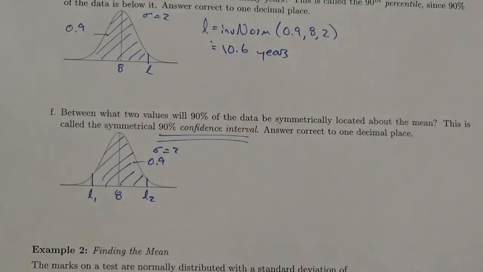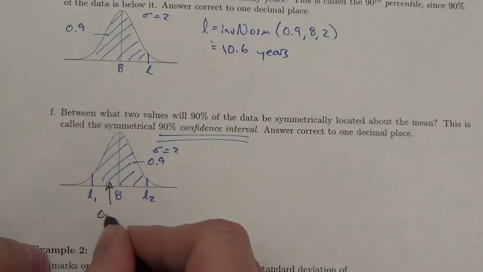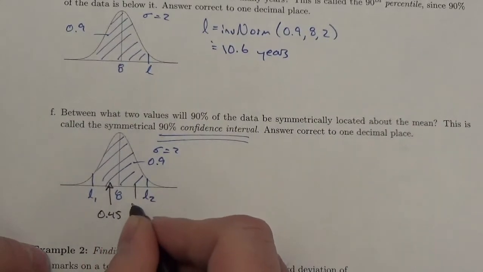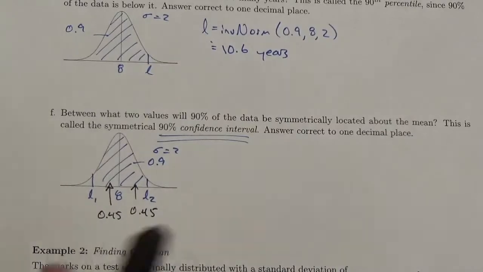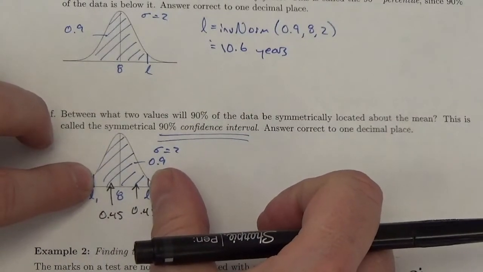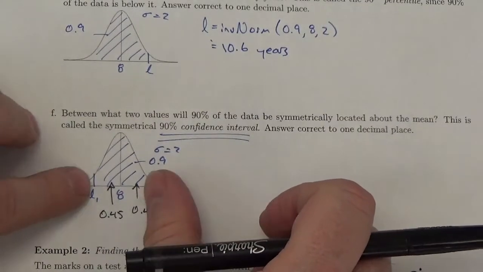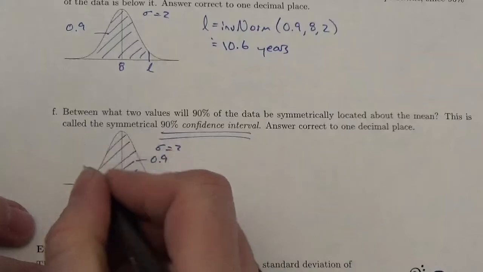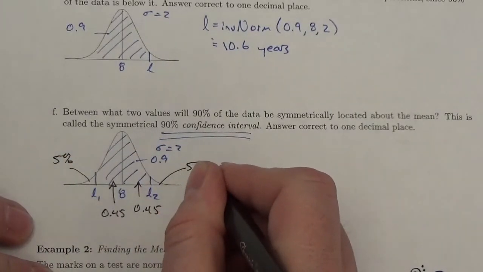Well, that will occur when these individual pieces are 0.45 and 0.45. Now, if 90% of the data falls in between those two, that means 10% are out here. And since this is symmetric, this is 5%, and this out here is 5%.